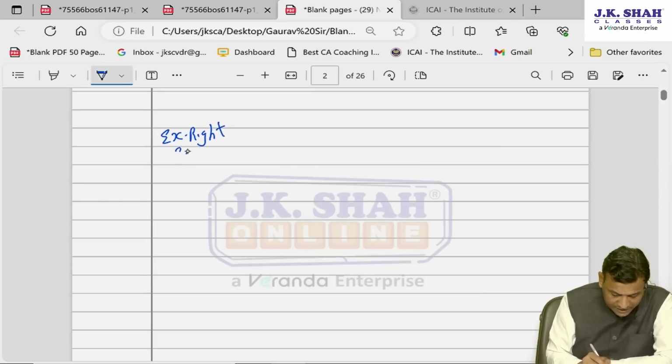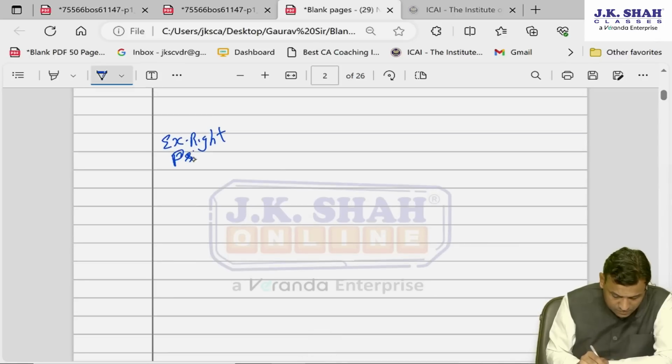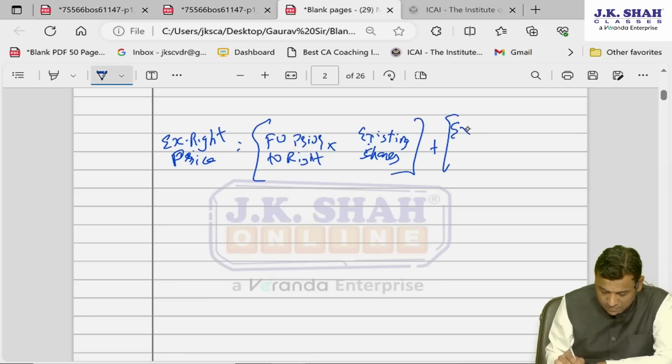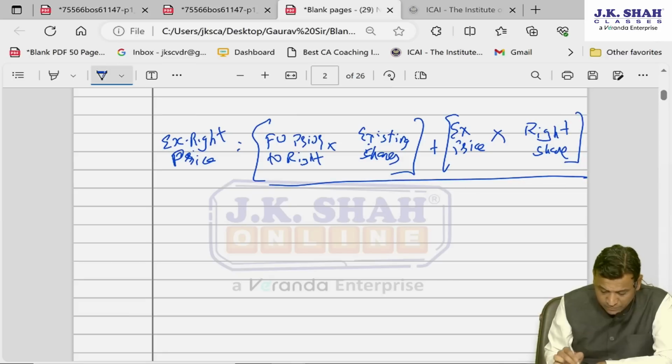You had a formula, X right price, nothing but fair value prior to right into existing shares, plus exercise price into right shares, the whole divided by existing shares plus right shares.